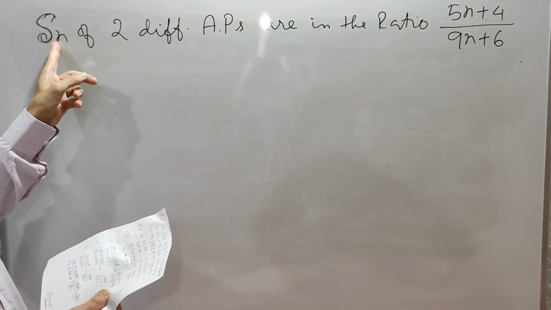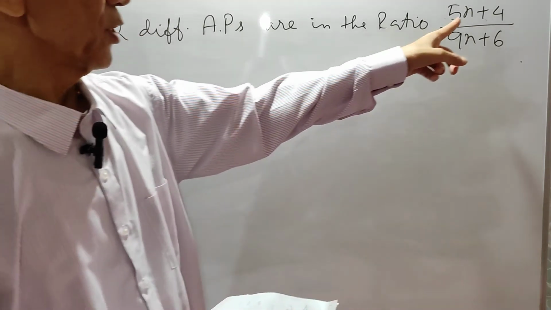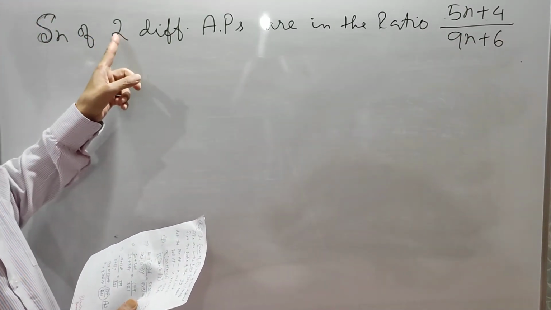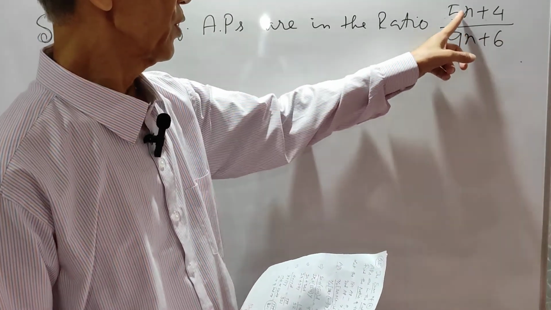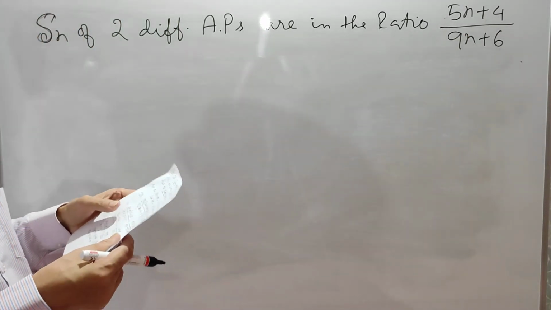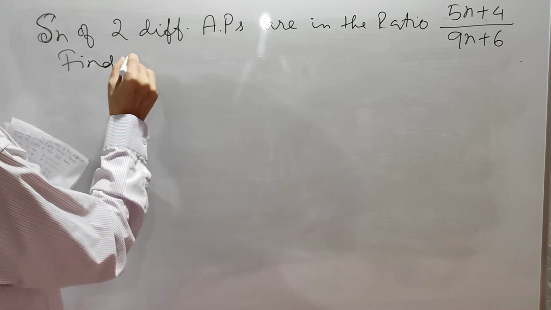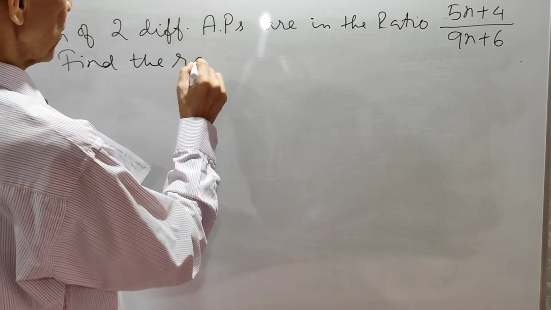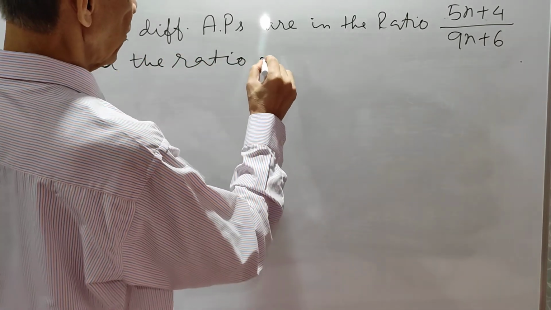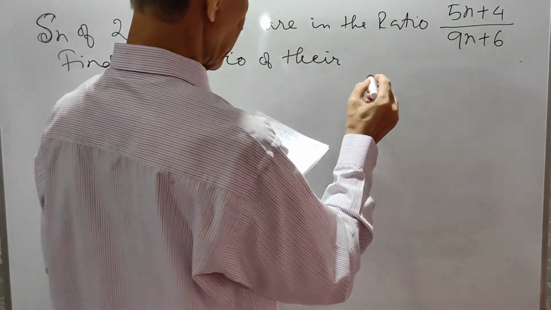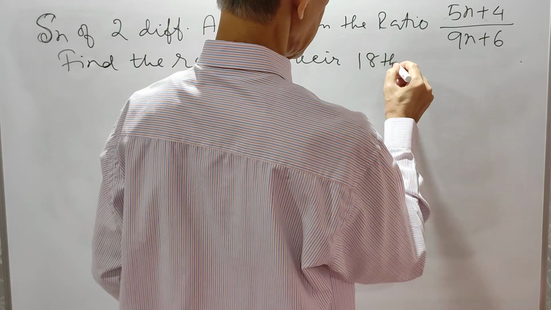And the sum of n terms of the first AP is this 5n plus 4, and the sum of n terms of the second AP is this. So this is the ratio. All right. So you have to find the ratio of their 18th terms.